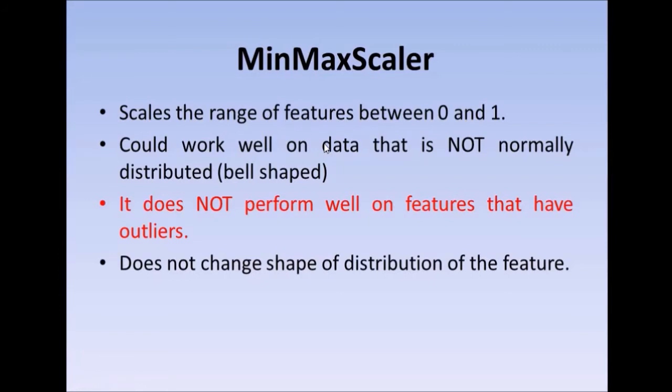You can use a min-max scaler on features that are not normally distributed. But there's also a caveat here: it does not perform well on features that have outliers. So it is sensitive to outliers, and we'll see why. It also does not change the shape of the distribution of that feature, and we'll see this as well in the plots.